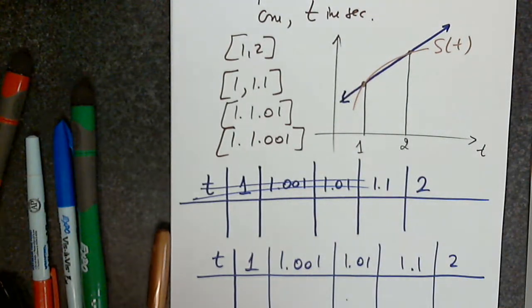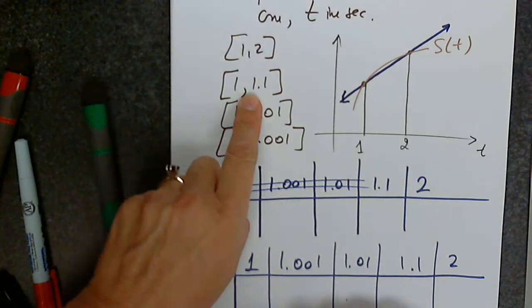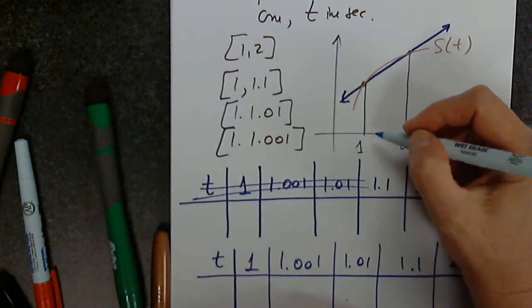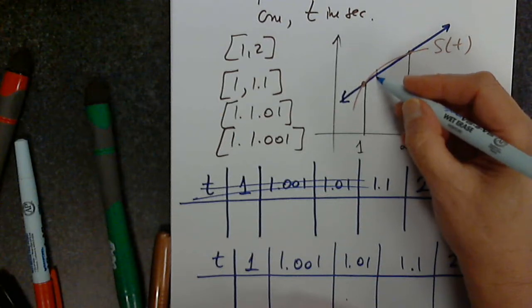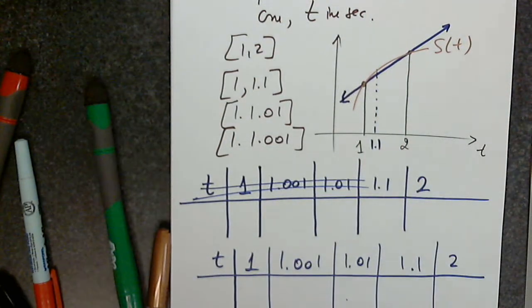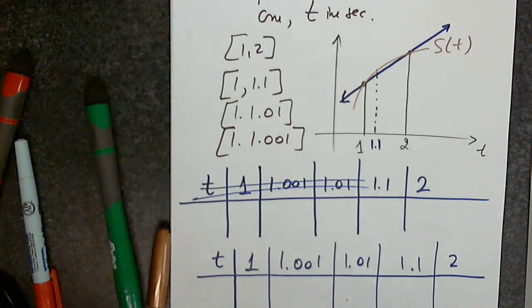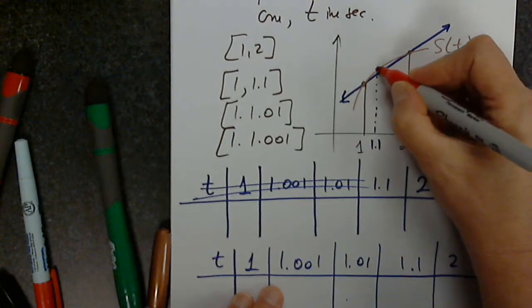Correct? Perfect. Now I want to determine the next one. But 1.1, I'm going to say, is here. So this will be a new slope, right? A new secant line, right? Between these 2 points.